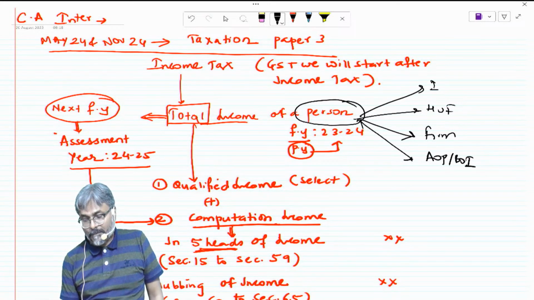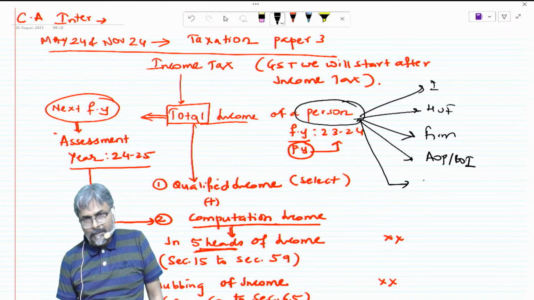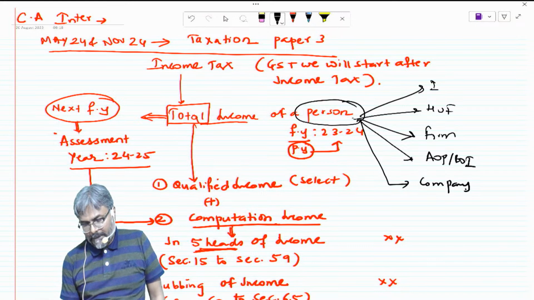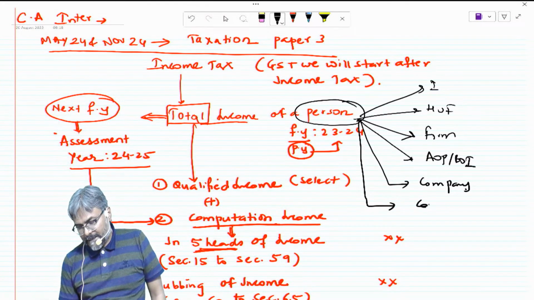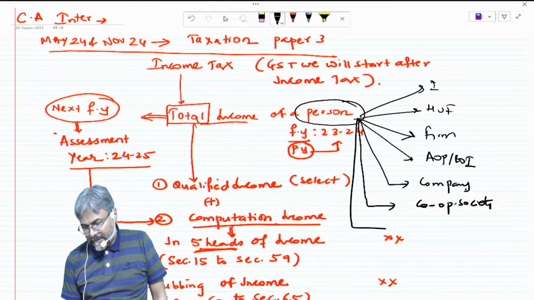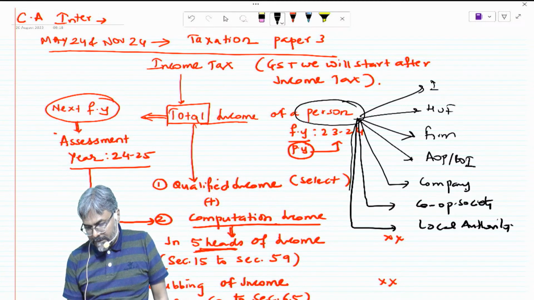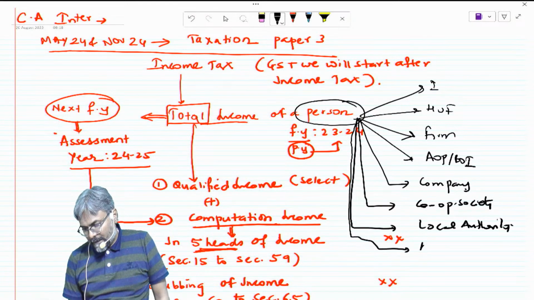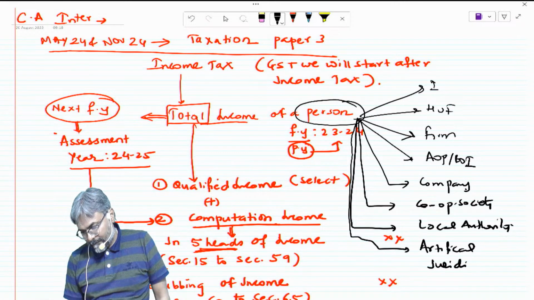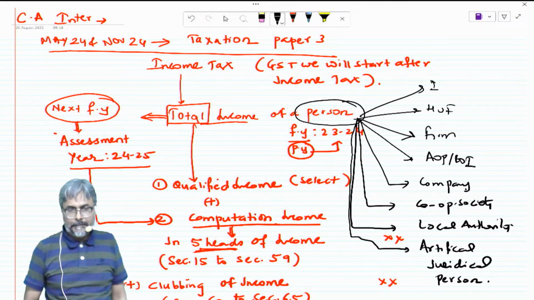AOP full form is Association of Persons, BOI is Body of Individuals. Then company, cooperative society, local authority, and the last one, students, is artificial juridical person.